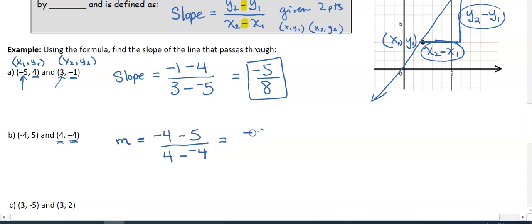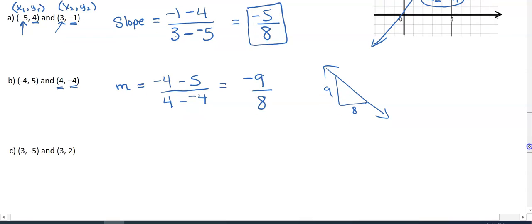And this time I'm going to get negative 9 over positive 8. So now we're calculating the slope of a line given 2 points without having to graph it. I now know if I graph this line, it's going to be negative slope, so it's falling left to right because I can see the slope is negative, and I know the height will be 9 and the run will be 8. I know that property.